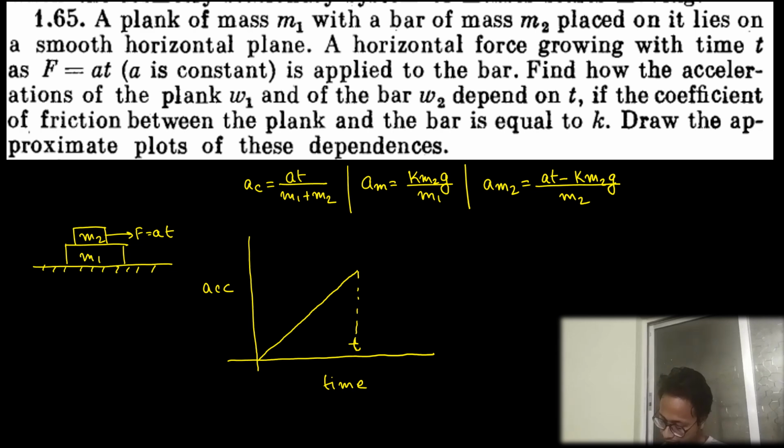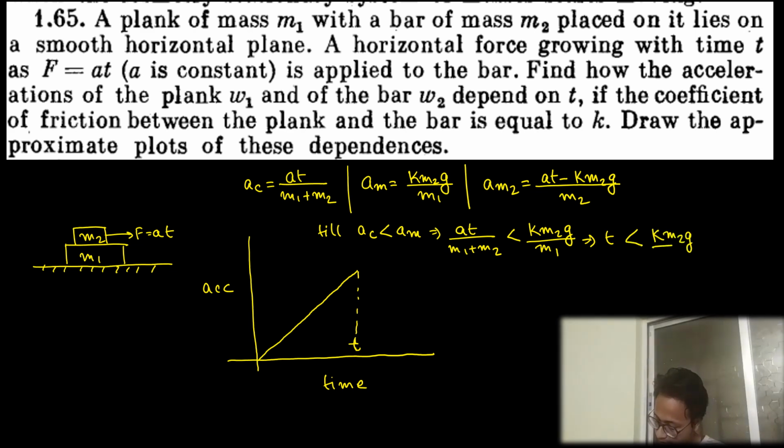So till the common acceleration is less than the maximum value of acceleration, or till a t by m1 plus m2 is less than k m2 g by m1, or till t is less than k m2 g by m1 into m1 plus m2 divided by a.